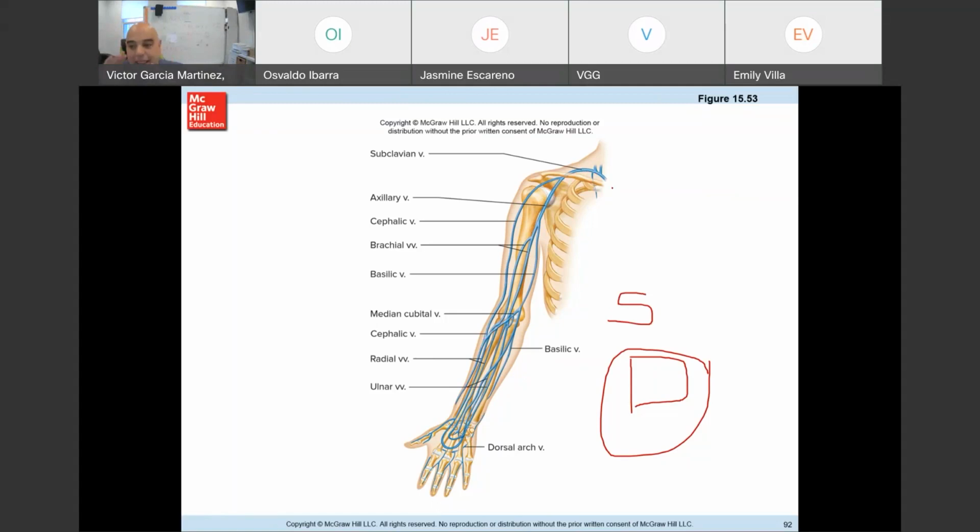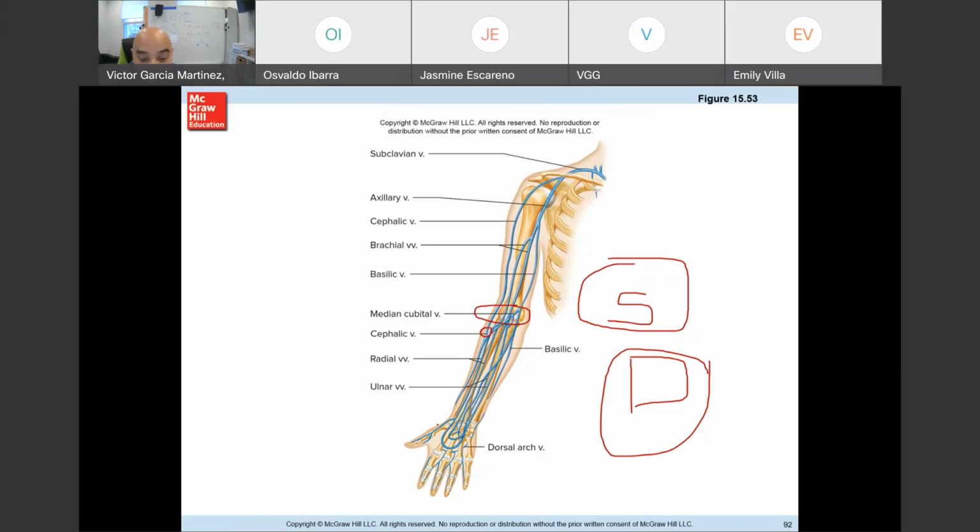It's going to be the same thing, but you have a superficial system, and it's actually more useful clinically than the deep one. Usually, you use the cephalic vein for drawing blood, or the median cubital vein, or the basilic vein.